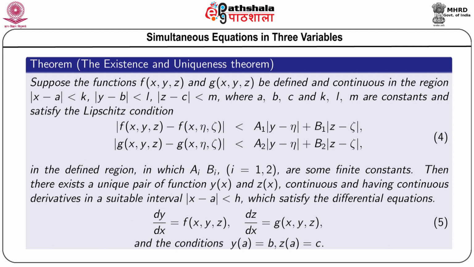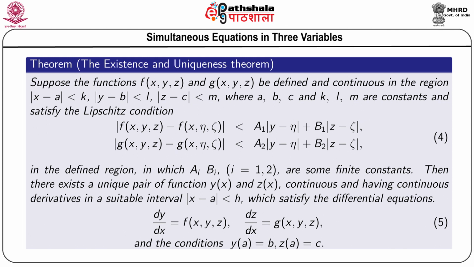So, if this Lipschitz condition is satisfied, then the given system of equations, that means the equations dy dx equals f x y z and dz dx equals g x y z, has some solution which is continuous and has continuous derivatives in a suitable interval mod of x minus a less than h, and this solution also satisfies the initial conditions y at a equals b and z at a equals c.